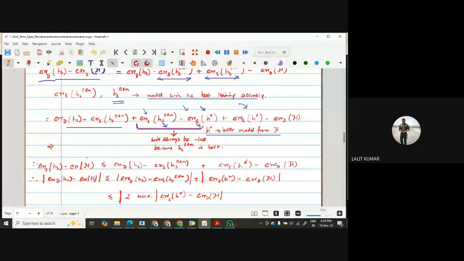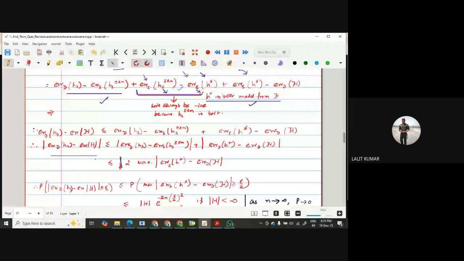So we can discard this. Then it will always be less than or equal to this term and this term. And when we take absolute values, this value will be less than or equal to 2 times the maximum of RSH star and LDH.